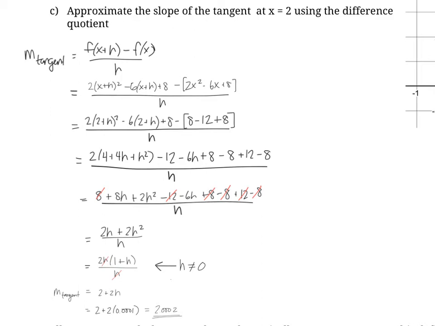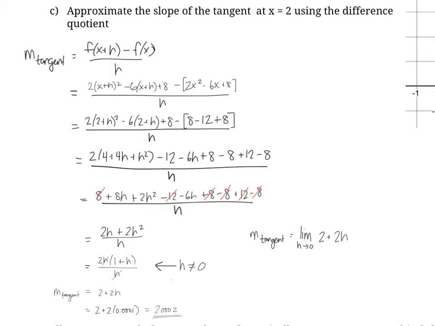Well, there's another way. There's a bit of a cheating way, and that's called using the limit. So instead of using this definition for the slope of the tangent, 2 plus 2h, what we can say is that the slope of the tangent is equal to the limit as h approaches 0 of 2 plus 2h.